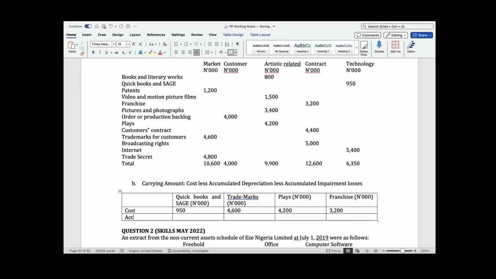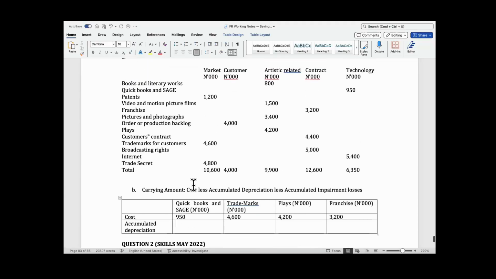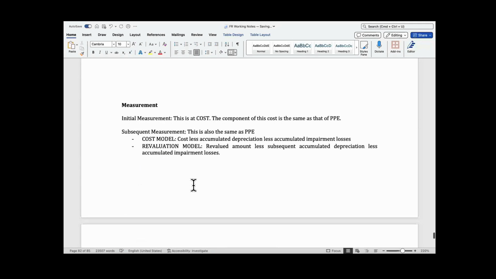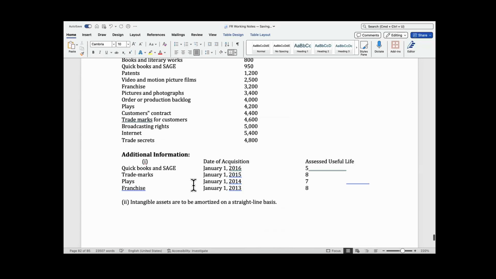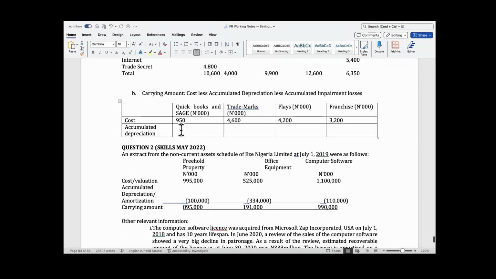So accumulated depreciation, to get that, we'll need the useful life of the assets. For QuickBooks, the useful life is 5 years, Abi? It's 5 years. So you'll be talking about 950 divided by 5.